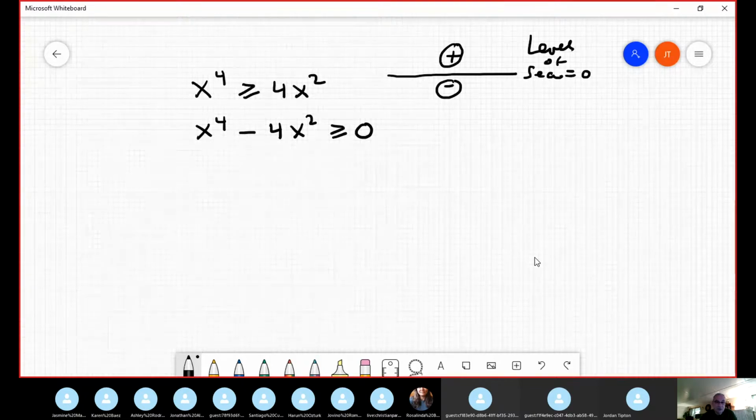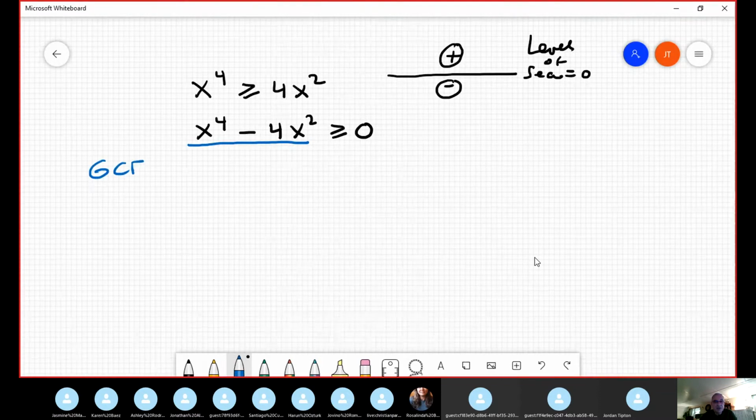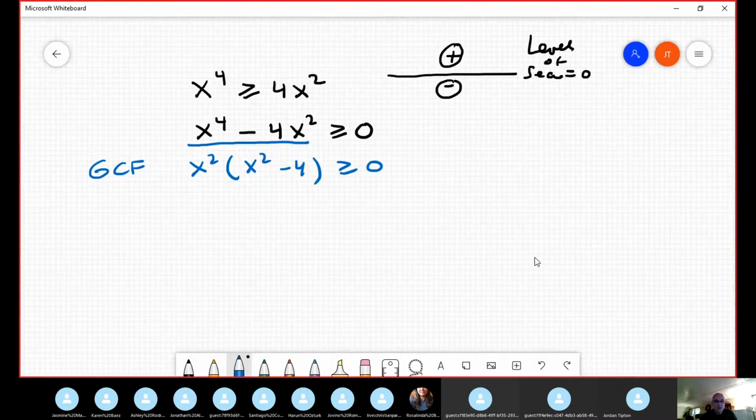Okay, now I focus on the left hand side. In the left hand side, I can see, is there a common factor, GCF? Yes, of course, it is x squared times (x squared minus 4) greater than or equal to 0.